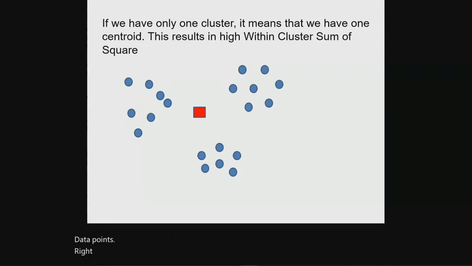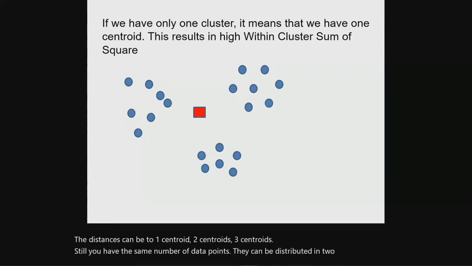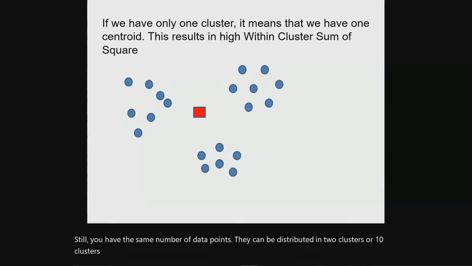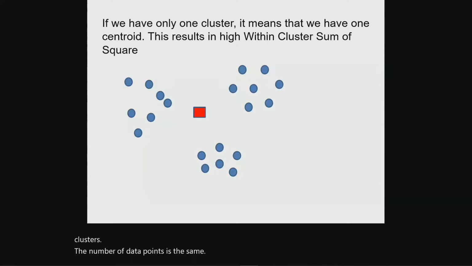The distances can be to one centroid, two centroids, three centroids. Still, we have the same number of data points. They can be distributed in 2 clusters or 10 clusters. The number of data points is the same.